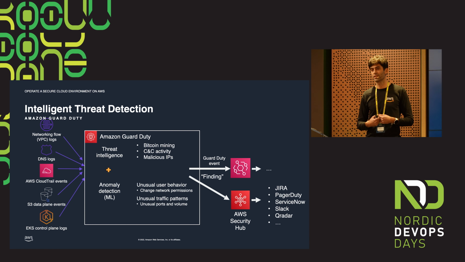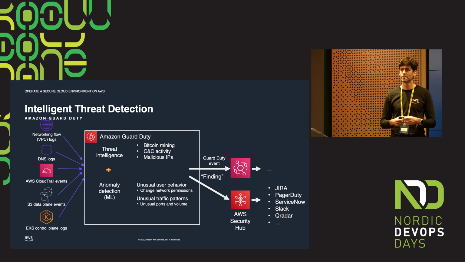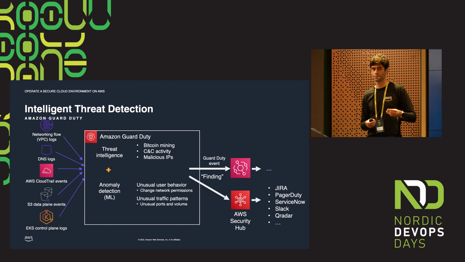You can also ingest these into Security Hub, one more service. Security Hub is our SIEM-like platform that integrates with all the security services I described, like Config, GuardDuty, Inspector, and Firewall Manager for the WAF rules and security group rules.